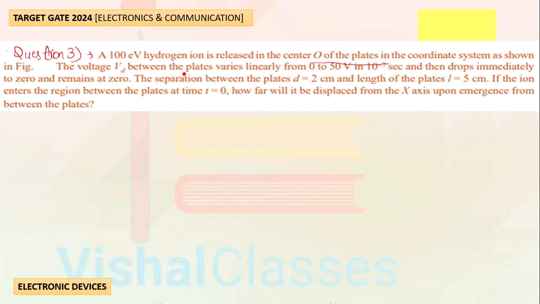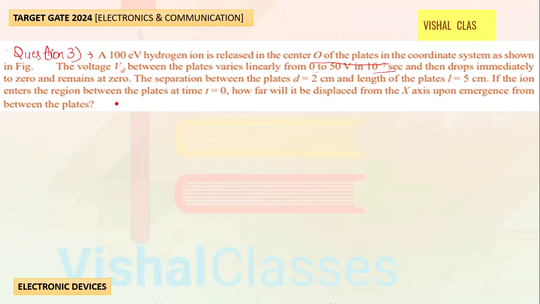The voltage V between plates varies linearly from 0 to 50 volt in 10 raised to power minus 7 second, then drops immediately to 0 and remains at 0. Separation between plates d is equal to 2 cm. Length of plates L is equal to 5 cm.